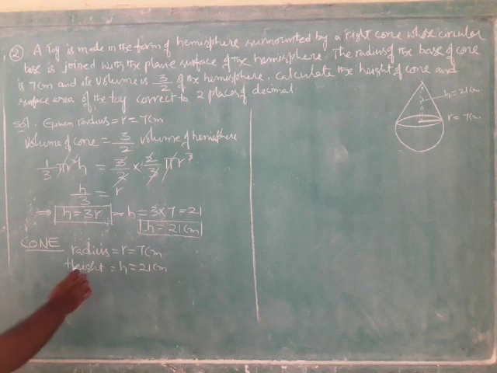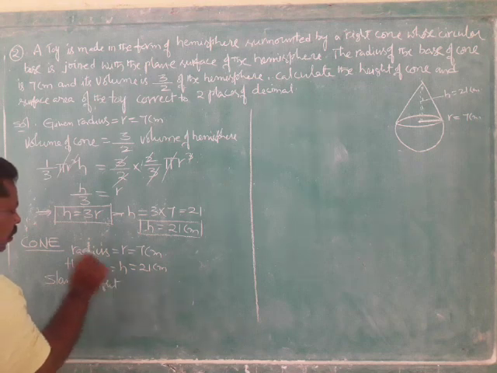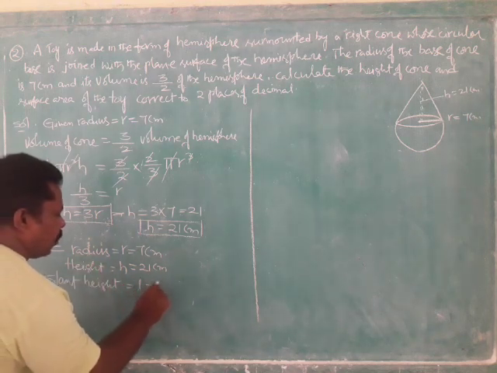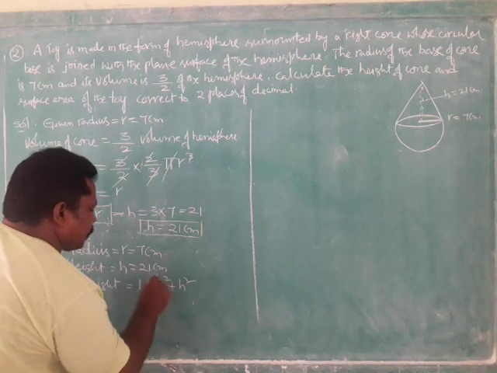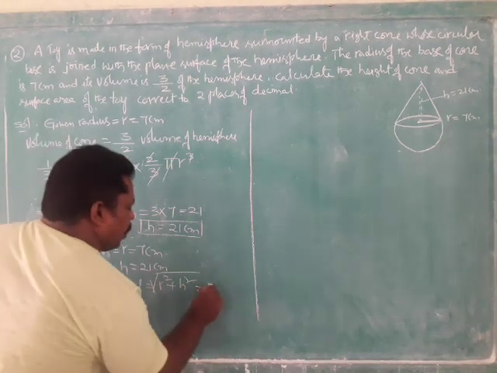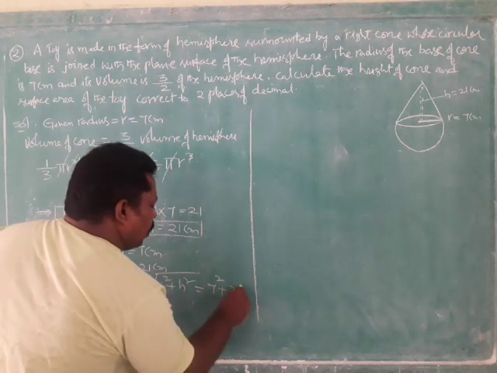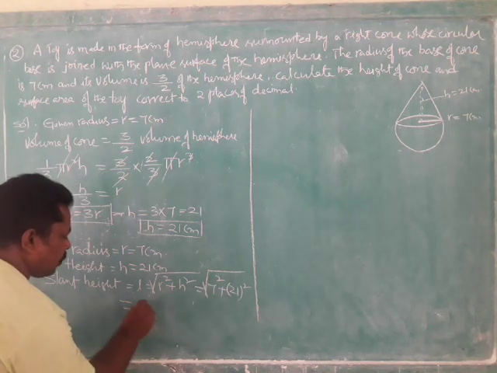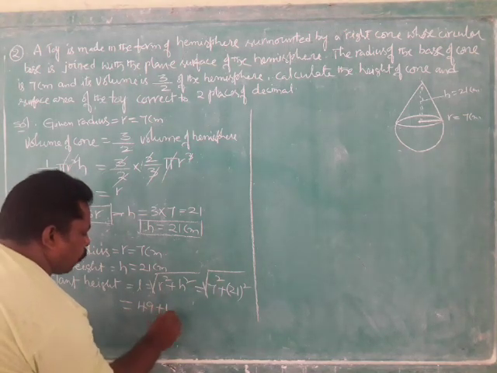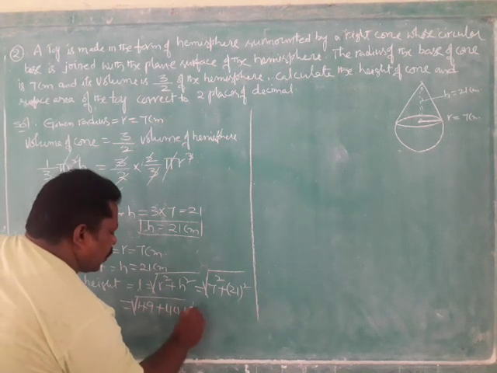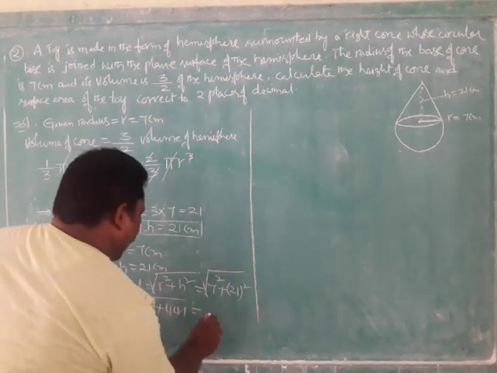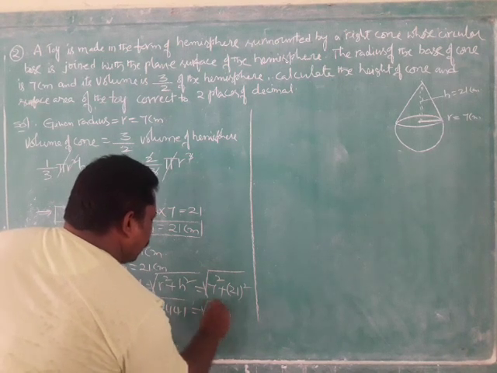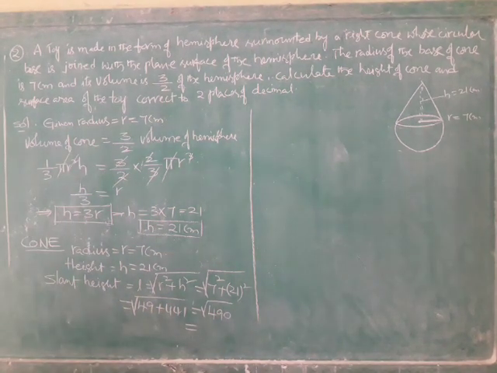Now see children, slant height l is equal to square root of r square plus h square, which is equal to square root of 7 square plus 21 square, which is the square root of 49 plus 441, which is equal to the square root of 490.